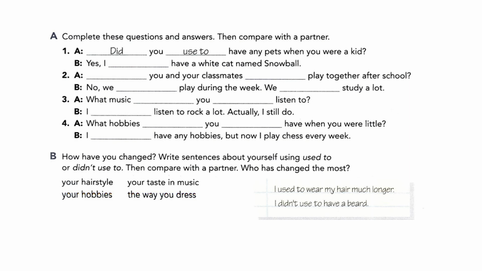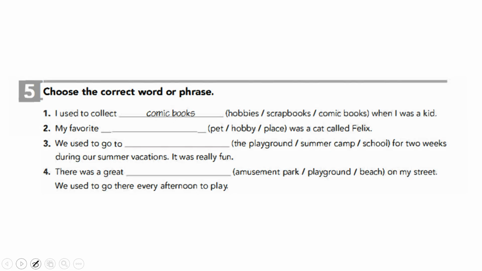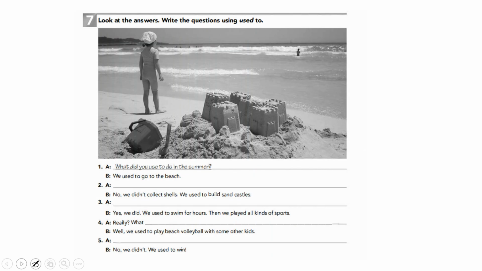So, more exercises, but these exercises are with used to. That's our main focus with these exercises. We have this one: complete these questions and answers using the structure used to. Number two, here we have to choose the correct word or phrase and fill the blank spaces.